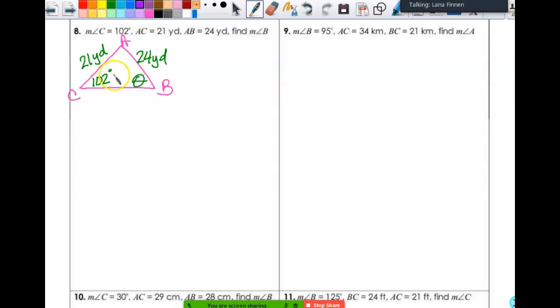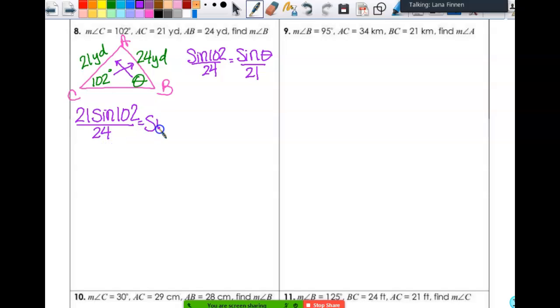So once I have it all set up, I can go ahead and do my law of sines. So I'm going to take the sine of 102 over 24 equals the sine of theta over 21. And multiply both sides by 21, so 21 times the sine of 102 over 24 equals the sine of theta.